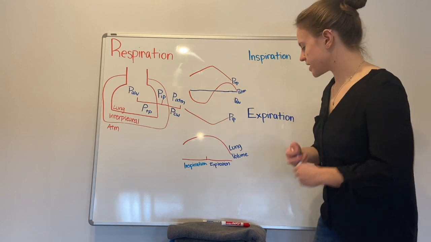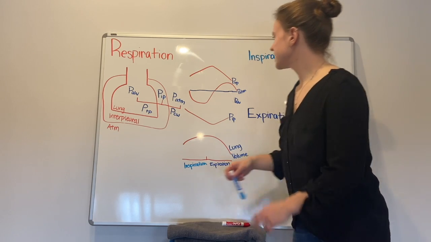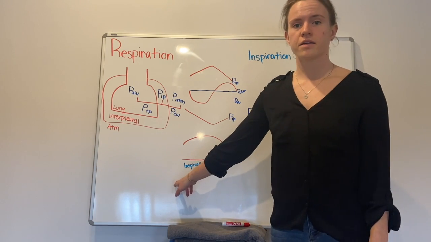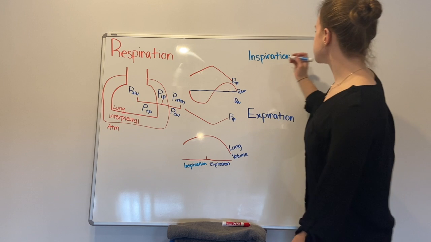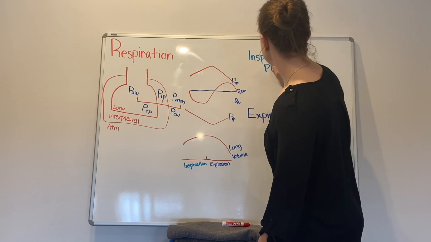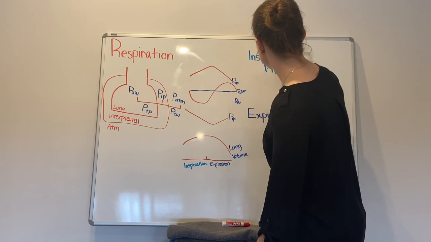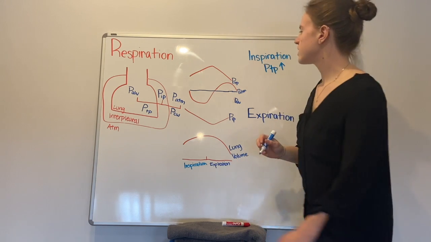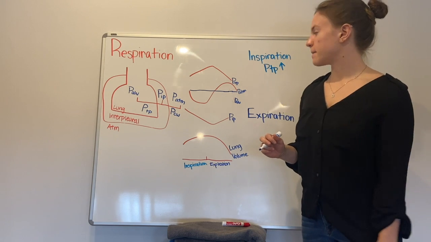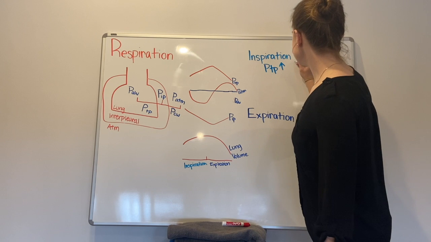So what happens during inspiration? As you can see on the left side here, for inspiration, we're going to see our transpleural pressure increase. Our alveolar pressure is going to decrease.